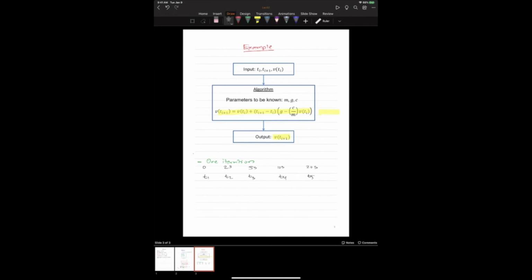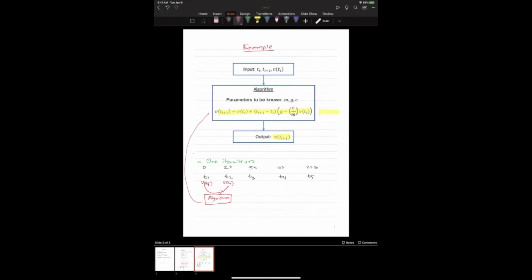From here to here, I will apply the algorithm shown. This algorithm will be applied there to find the velocity there. The initial velocity should be known, so V(t_1) is known. From applying the algorithm, V(t_2) can be computed.